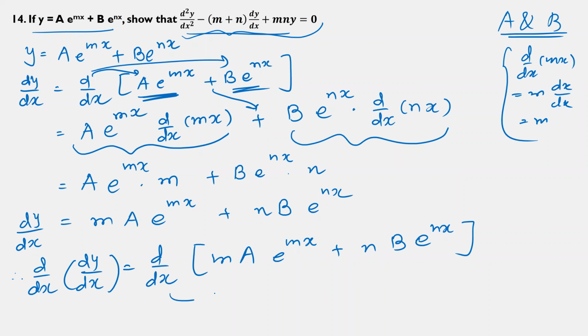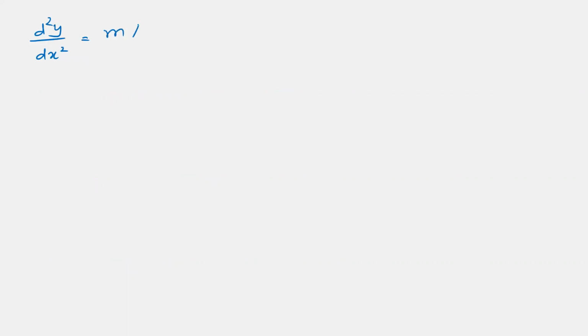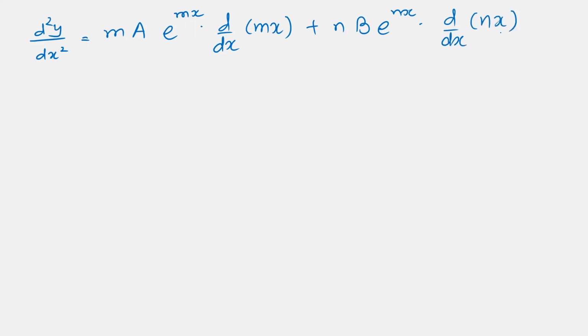d2y by dx2 is equal to, on the right hand side, the same way we are going to apply the sum rule, the addition rule. m into a, constants, as it is. e to the power mx, e to the power mx. But since we have the weird power, the chain rule, plus n into b, e to the power nx, same way, but chain rule for the weird power, for the weird x.